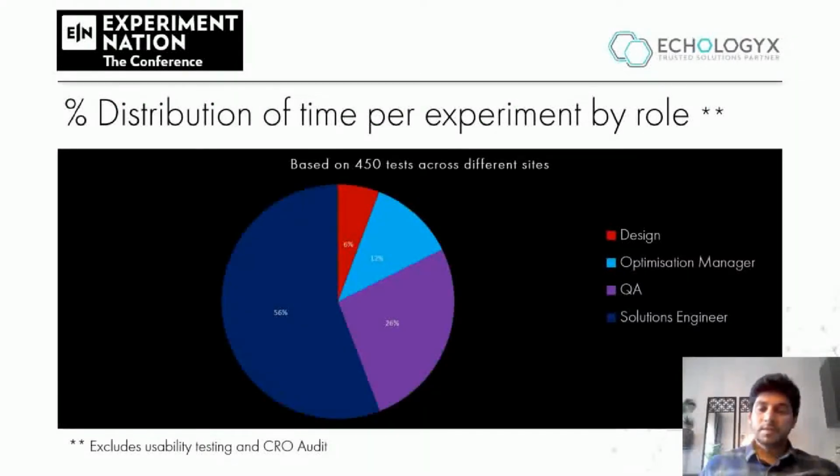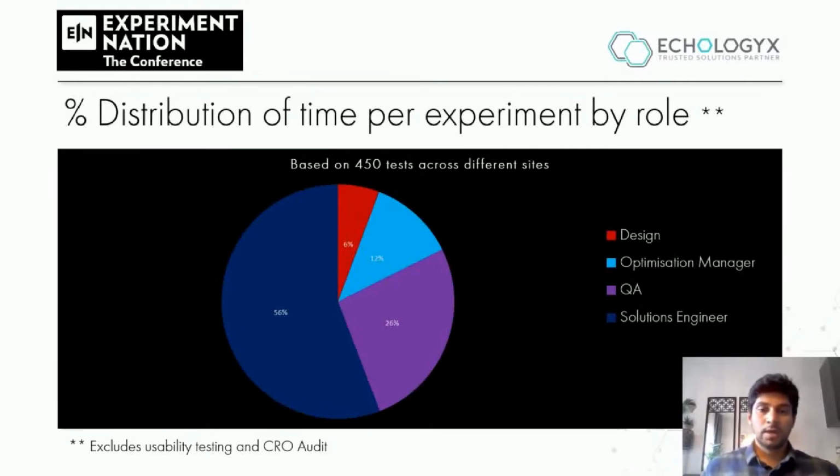Now, we have done some research based on the data of 450 tests across different websites, and we looked at the hours distribution and how much time is spent by different roles. And what we have seen based on the actual data is around 6% and 12%. 6% of the time is being spent by the designers for doing the variation designs, and optimization managers or CRO consultants spend 12%.